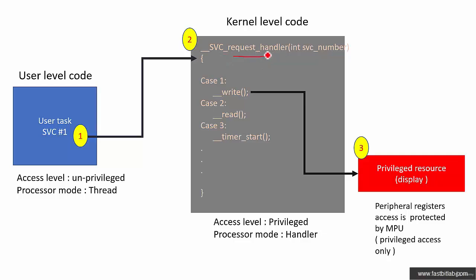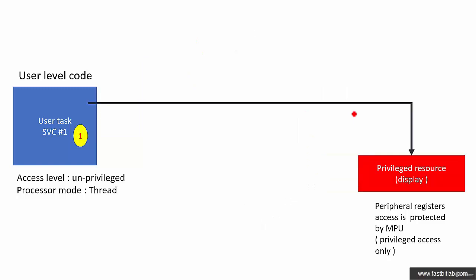And this handler extracts the SVC number, that is 1, and then maps that number to the service, in this case, let's say write. And the data, which is given by the user task, will be written to the display. In this way, the kernel level code guards the privileged resource, that is the display. The user task cannot touch the privileged resource just like that. That is not allowed. Why?